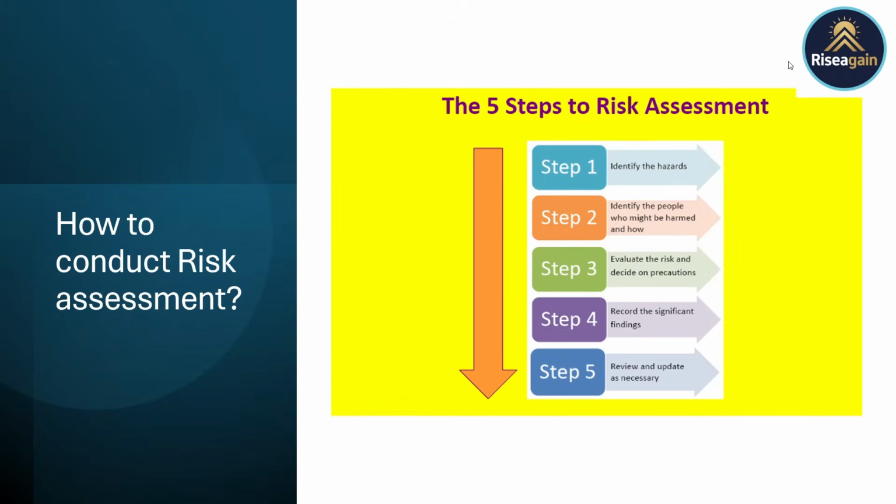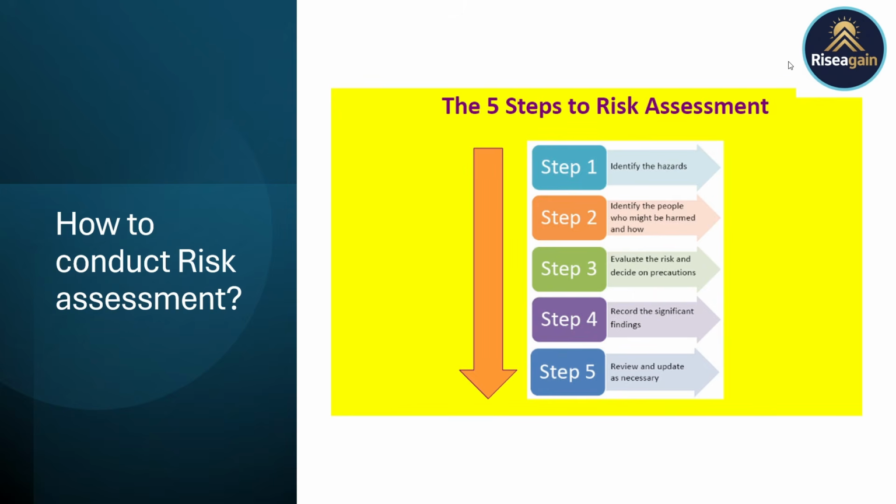So first of all, what are the steps? You may have seen these types of steps everywhere, but the thing here is how to apply these 5 steps in your day-to-day risk assessment methods. The first step is to identify the hazards. But how can you identify the hazards?